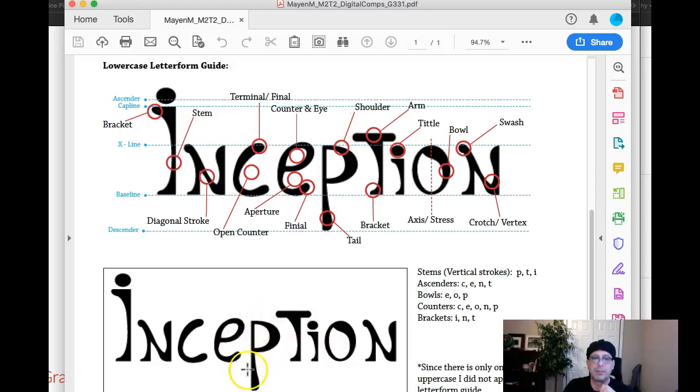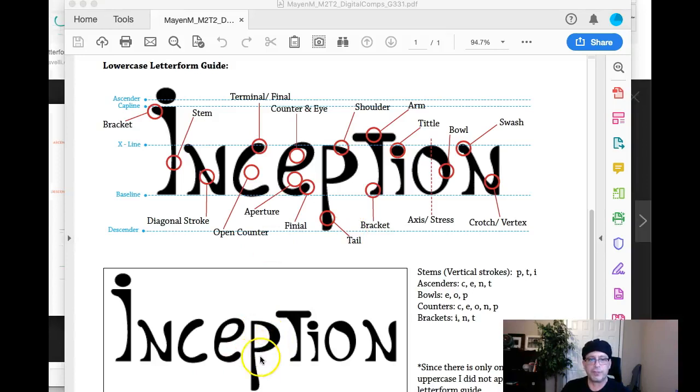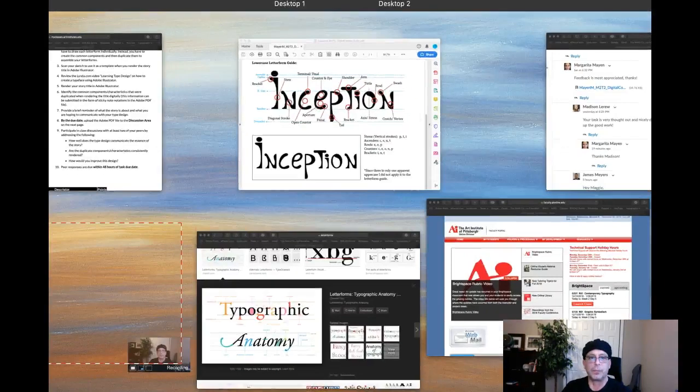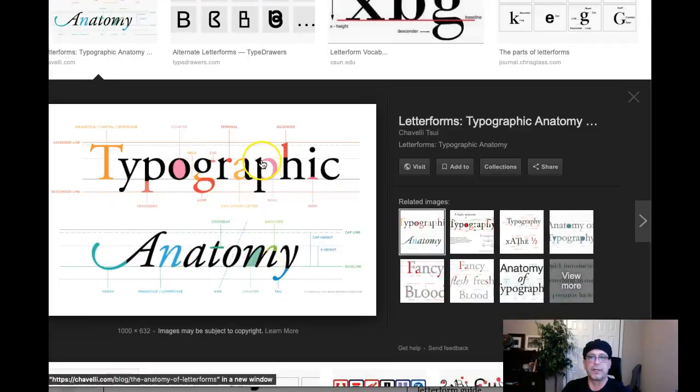We can see that with the P and with the lowercase I. The reason is that the P is not reaching the baseline. The P is reaching the X line, but it doesn't seem to be reaching the baseline like that closed counter typically would in a typeface.